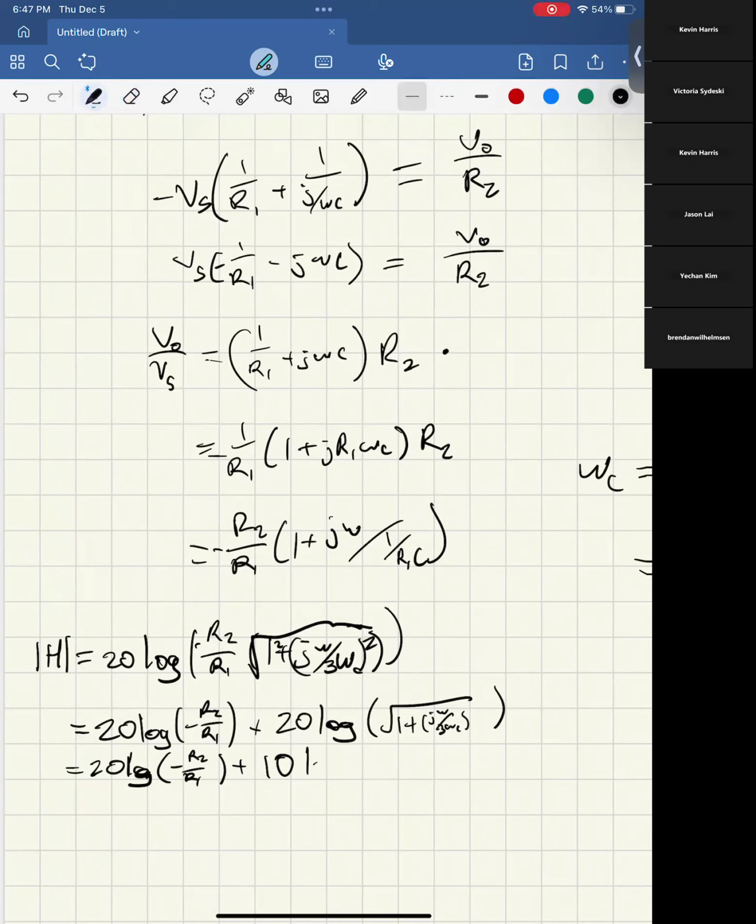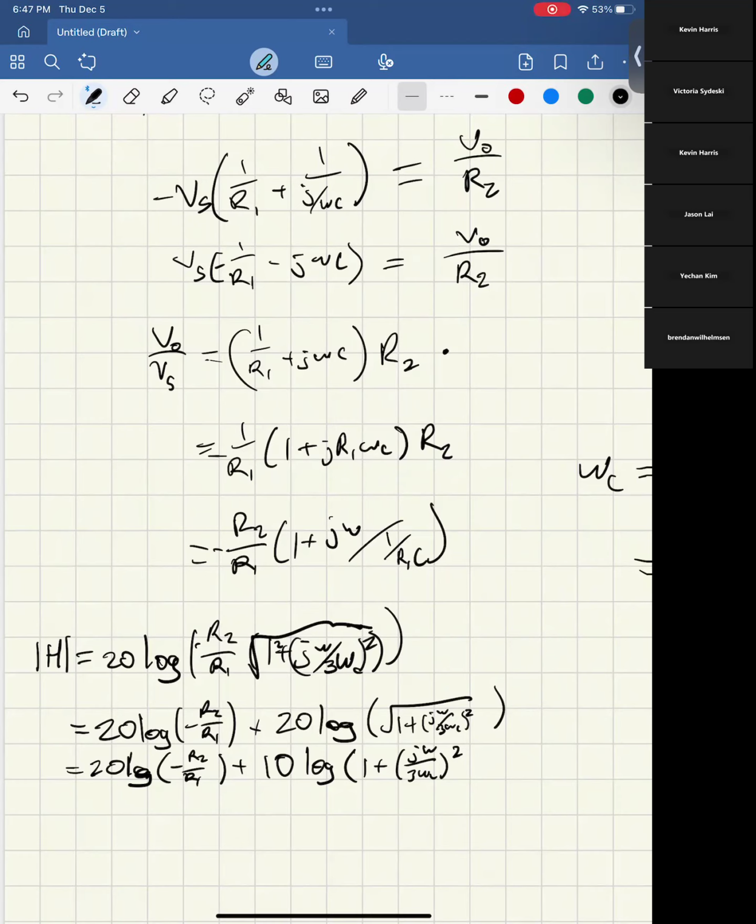So 10 log 1 plus j omega over 3 omega C squared. And then we know what all these values are now, so we can just plug it in.